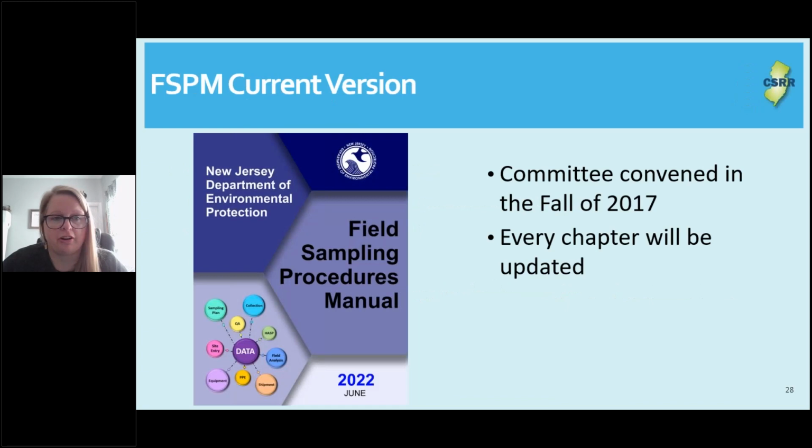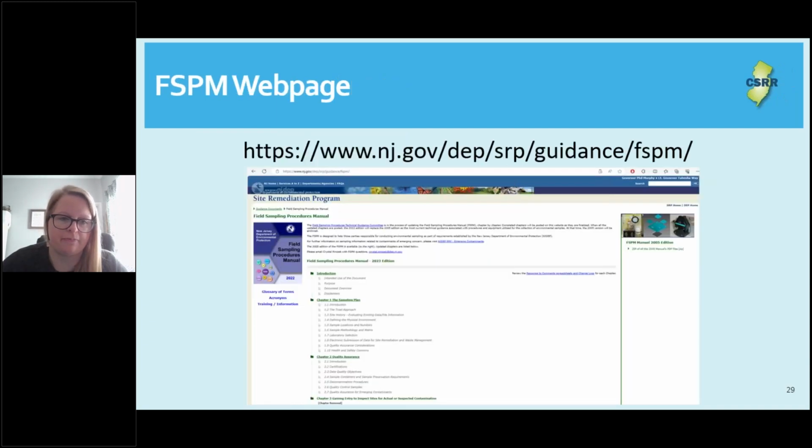And that brings us to our current version. We started the committee in fall of 2017, and we were tasked with updating every chapter of the manual. Along the way, we have also been updating the website. As you can see, on the right-hand side, there is a link to the past version of the manual.